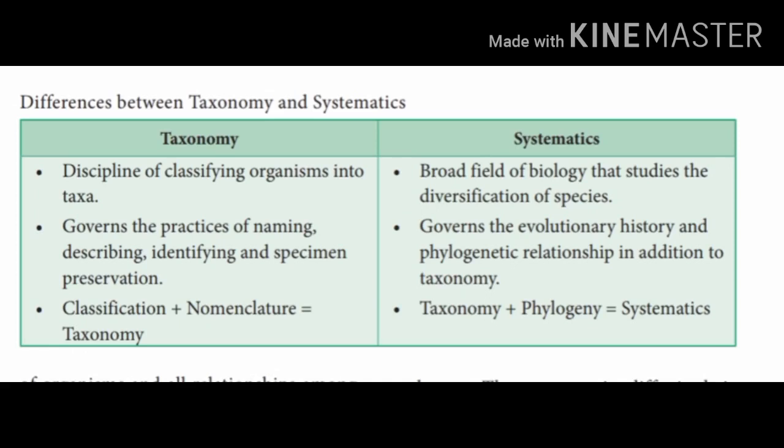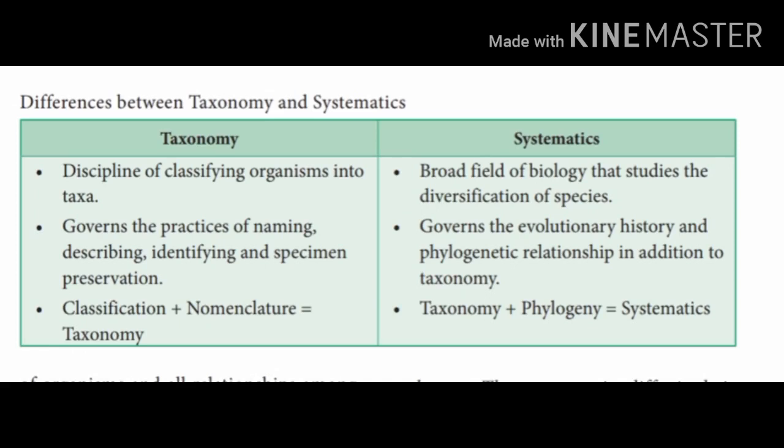Taxonomy is classification plus nomenclature, whereas systematics is taxonomy with phylogeny, that is classification, naming, and the evolutionary trend from which organism it is derived, which we call systematics.